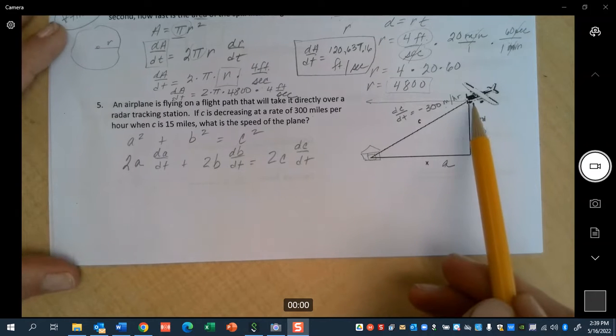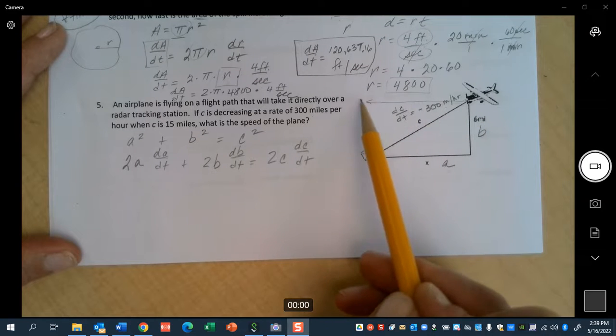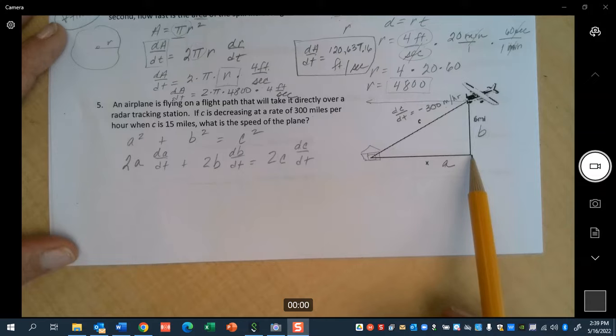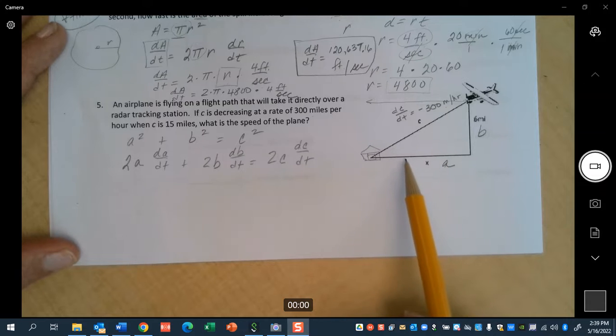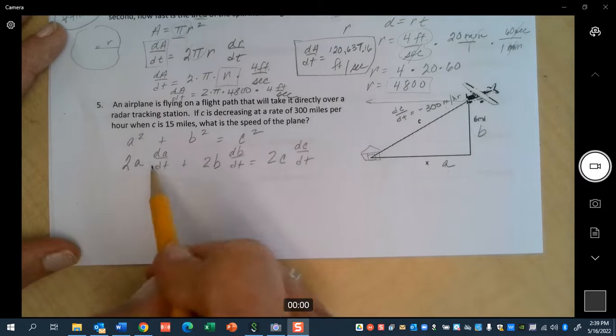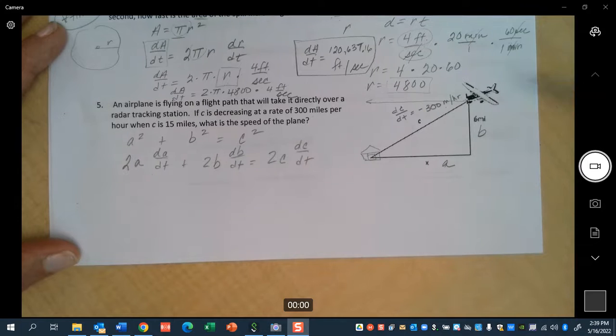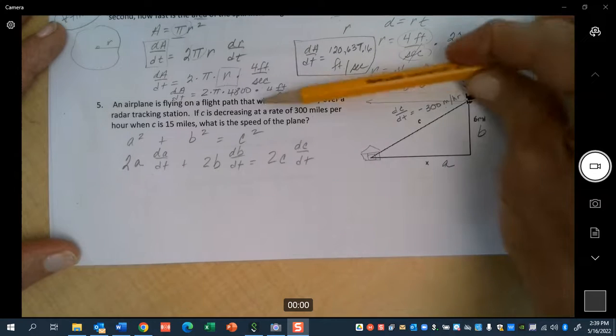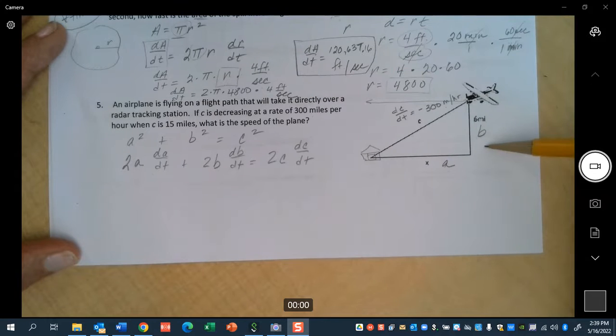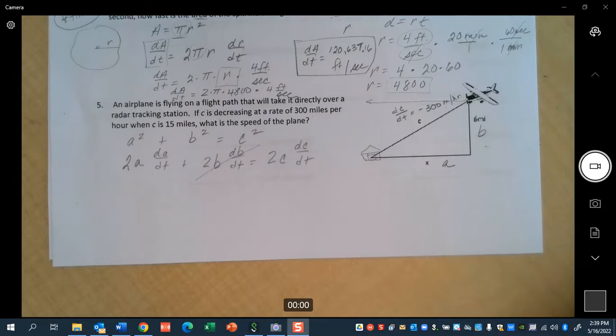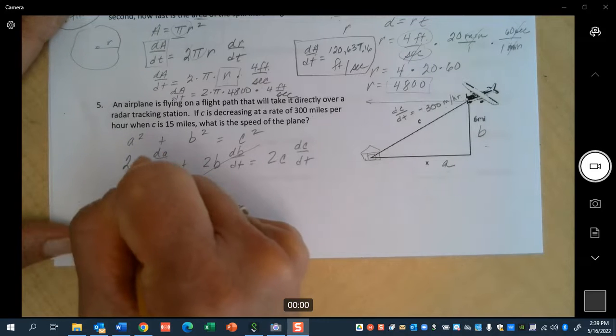As my airplane flies this way, is A changing? Yes. So he stays. As my airplane flies this way, is B changing? B is the one I cross off, because the rate of change of B is a constant. So I don't need to worry about him. Let's plug in what we know.